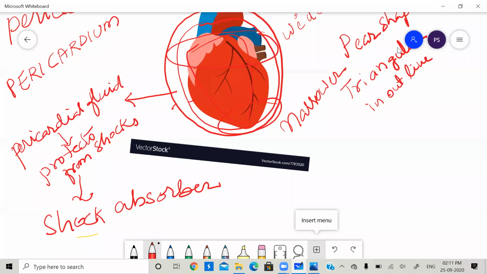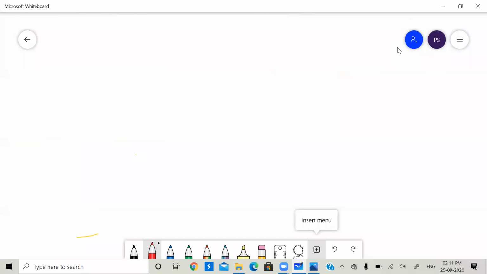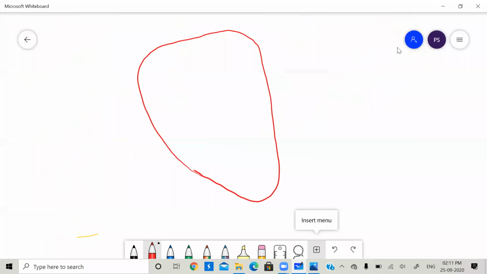Then externally, if you see the heart, it is roughly triangular. There we see a longitudinal groove and a horizontal groove. By these two grooves, the human heart is divided into 4 chambers.